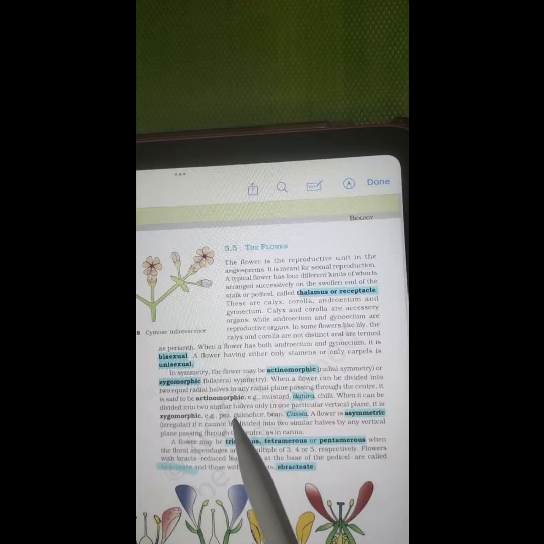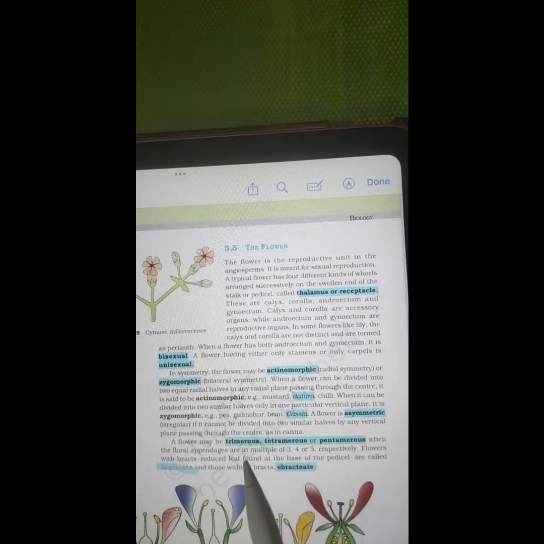Actinomorphic symmetry is noticed in mustard, datura, chili. These examples are very important for your home examination and for your NEET. Zygomorphic symmetry is noticed in pea, gulmohar, bean, and cassia. Asymmetric means, A means absent, symmetric means symmetry. So when there is no symmetry, we have to use the word asymmetric.